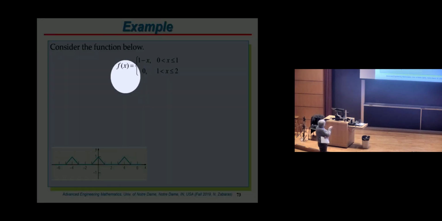Obviously the interval here, my L is 2, so the periodic function is defined in one period between -2 and 2. So what have I done to this function to make it periodic? I did something first in this interval, and then, of course, it's repeated. But what have I done in this interval?